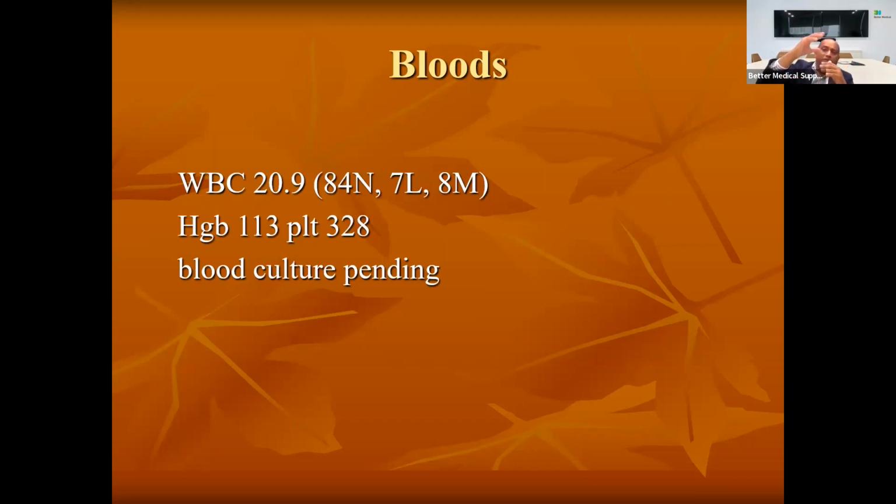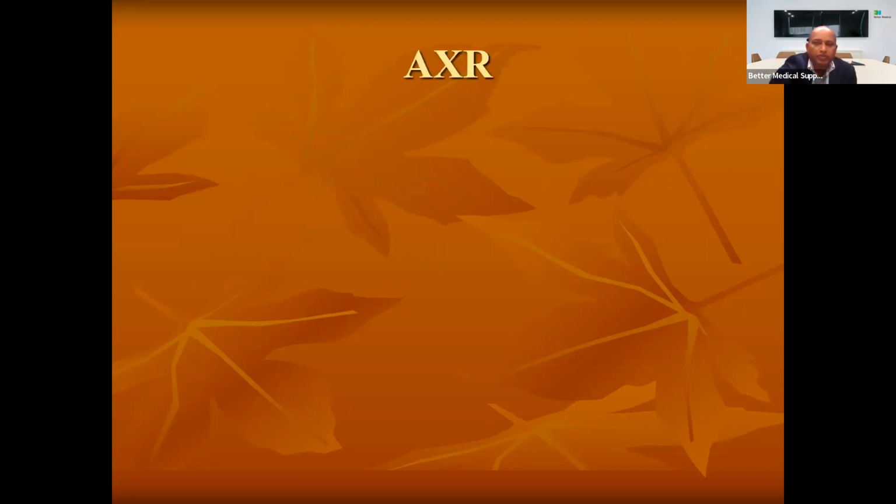Now I set up order sets: general sepsis, abdominal pain, drug overdose, DKA first presentation, DKA second presentation. I put some different order sets, and one of the order sets includes culture. You need not do the culture for this child, there's no indication for blood culture. But anyway, EUC was normal.